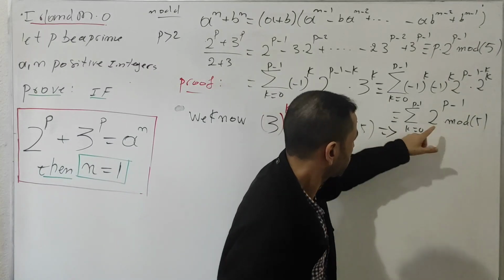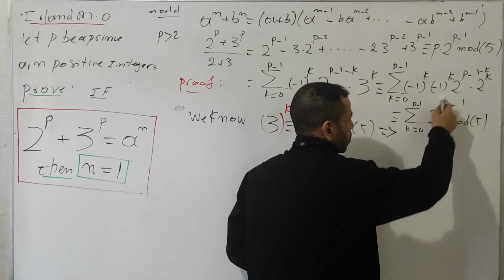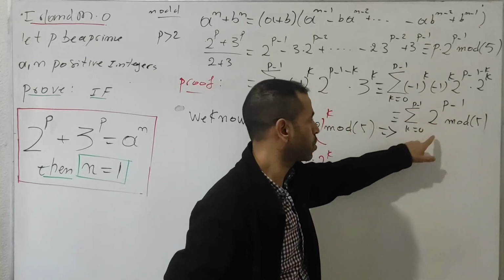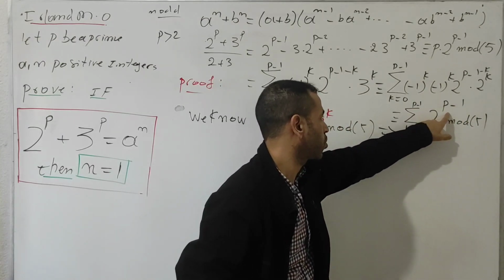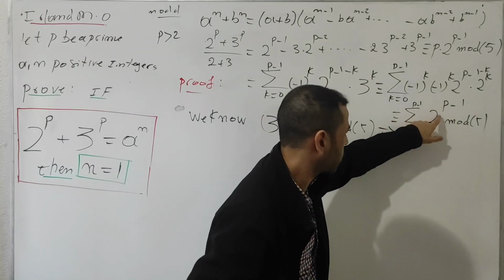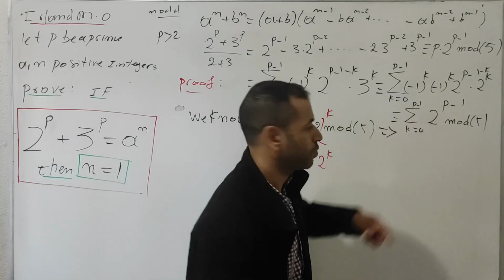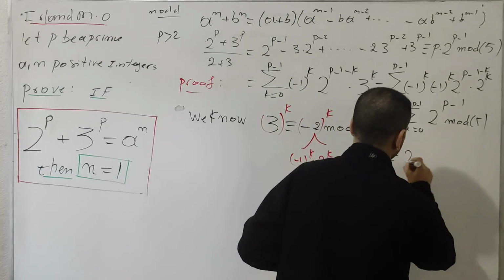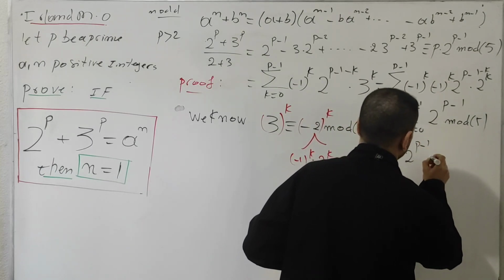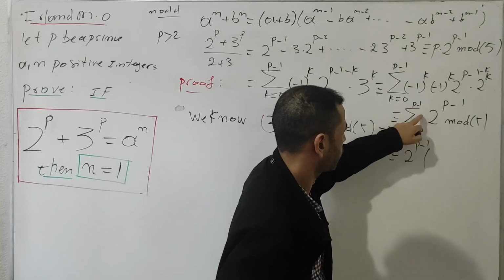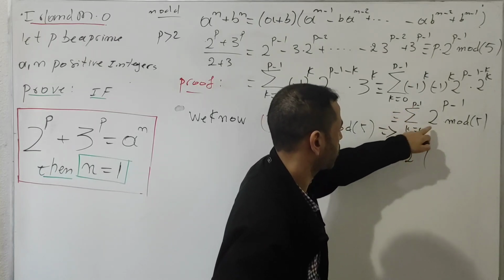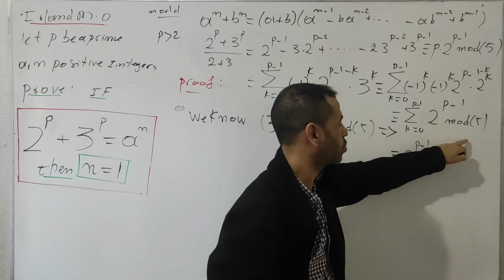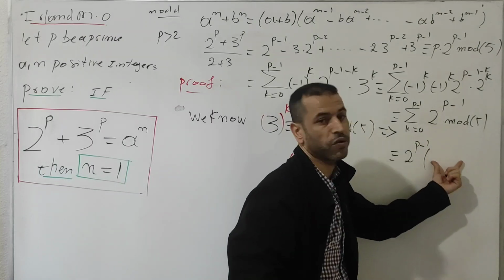If you take a look carefully, this number becomes a constant because it's not dependent on k at all. So now I'm going to take this 2 to the p minus 1 outside of this sum. So this one I will have as congruent to 2 to the p minus 1, and the sum goes from 0 to p minus 1. If I expand this sum, I will have 1 plus and so on. I will have p terms of number 1 here.